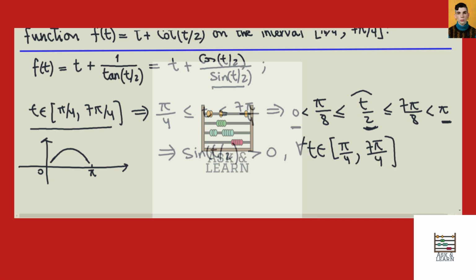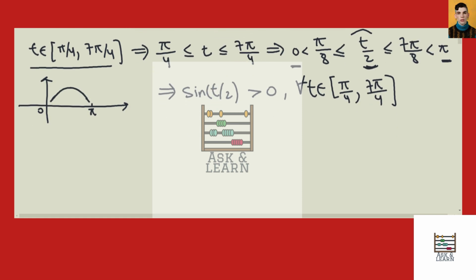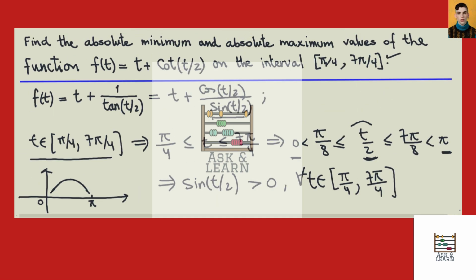But also we know that because of that, the function is continuous on the interval given here. So f is continuous on pi fourth to 7 pi fourth, for the same reason that this expression here is continuous.